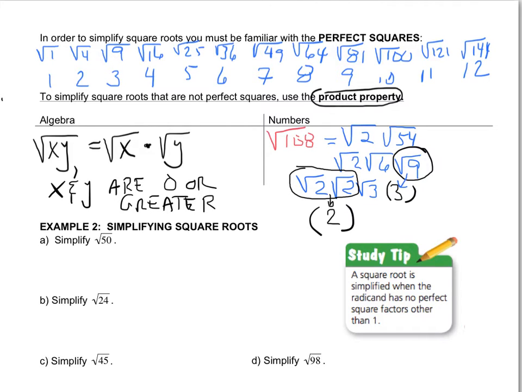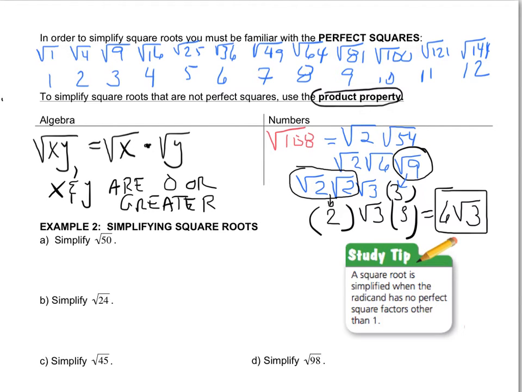And I end up with 2 next to the square root of 3, because it doesn't have something to go with, times 3. I could multiply 2 times 3. Can't do anything else with the square root of 3. So I get 6 square roots of 3. So that's as far as we can go. That would be the answer.